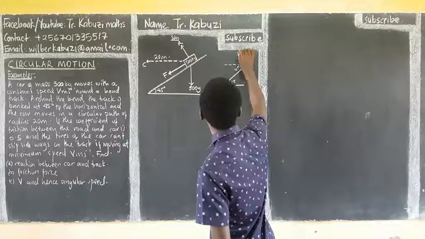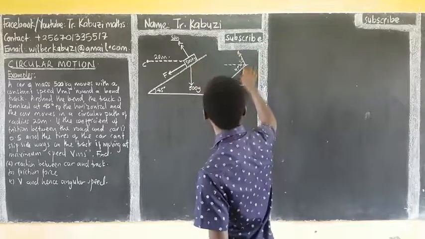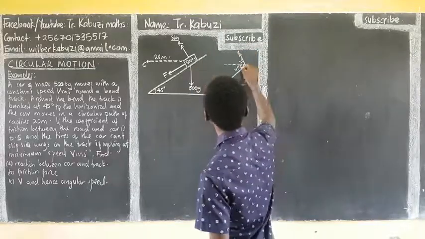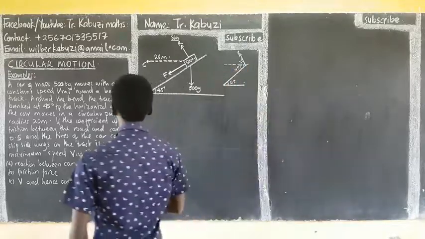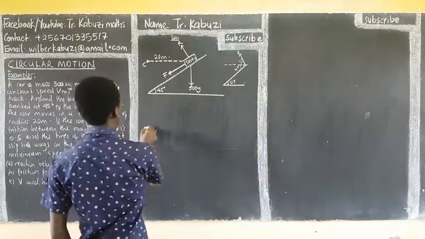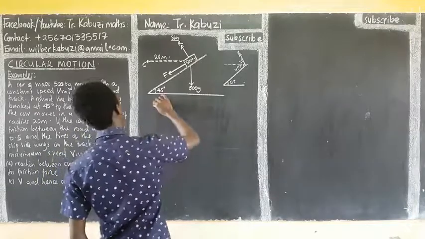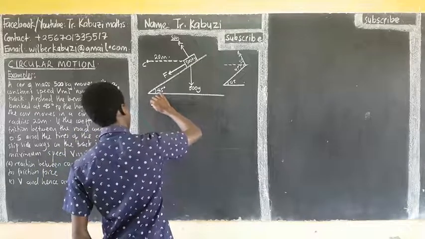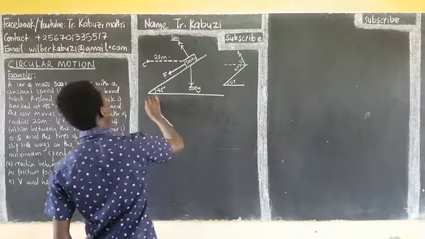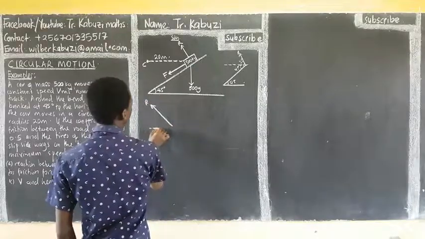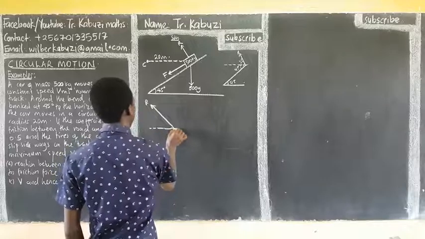So if I'm based now on R, this force here is going to be having an angle of 45. So this is the case I'm having for my R.